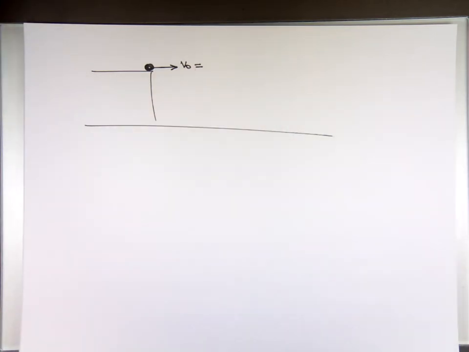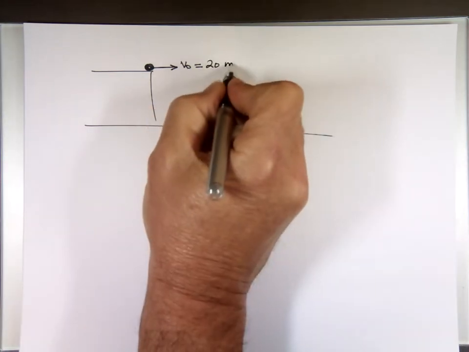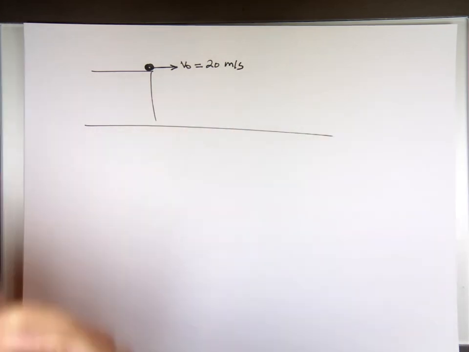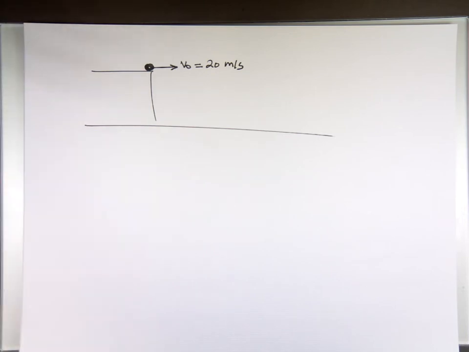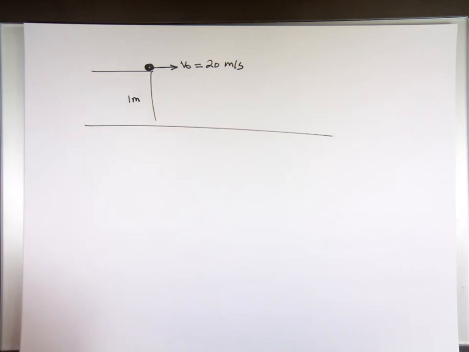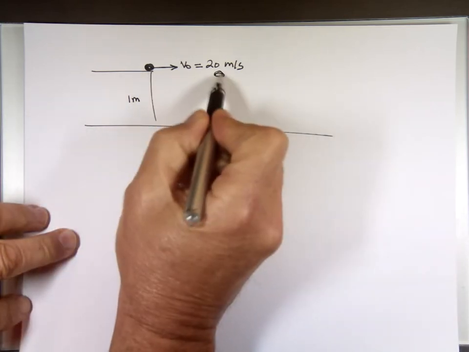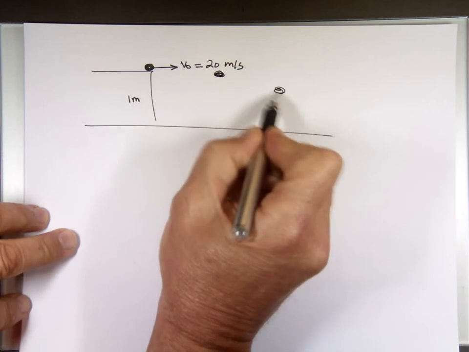Pick a number. How many meters per second? 20 meters per second. That's still about 50 miles an hour, so that's still a fast one. That table is roughly 1 meter high. The ball is going to go like this because it's moving really fast. It's going to take a while for it to hit the ground.